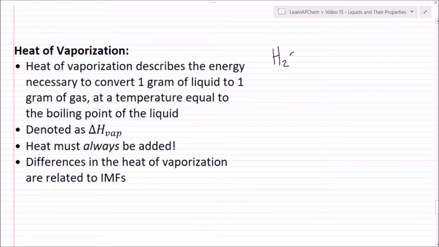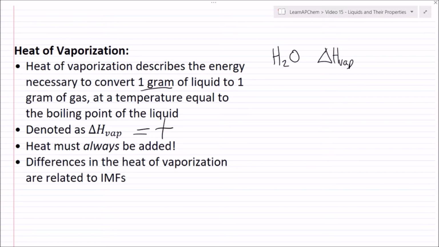So if we had water's heat of vaporization, which is denoted like so, it would be describing how much energy was needed to convert 1 gram of water as a liquid to 1 gram of water vapor at a temperature of 100 degrees Celsius. Now note that this is always positive. Heat must always be added to boil something off.